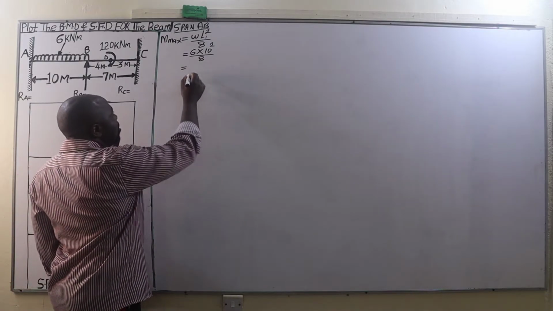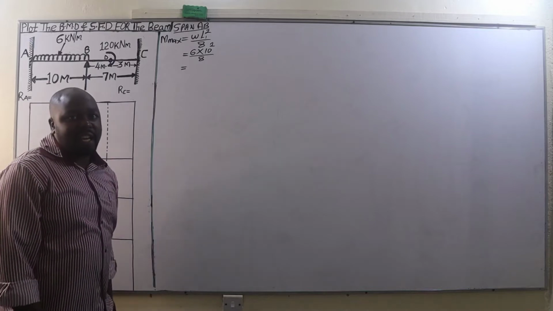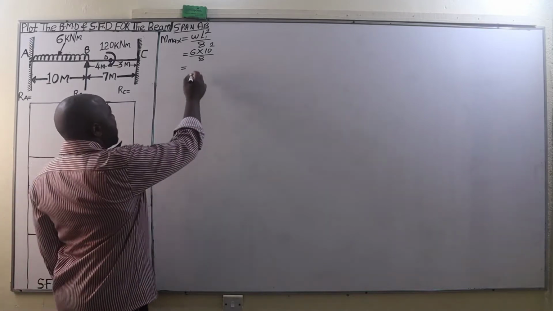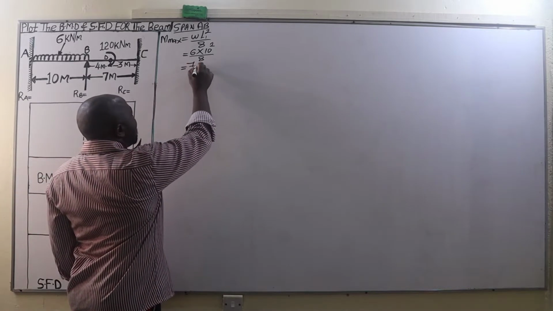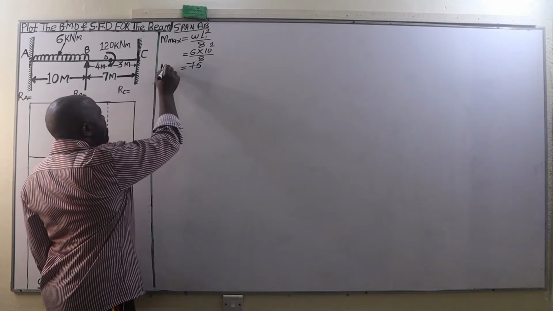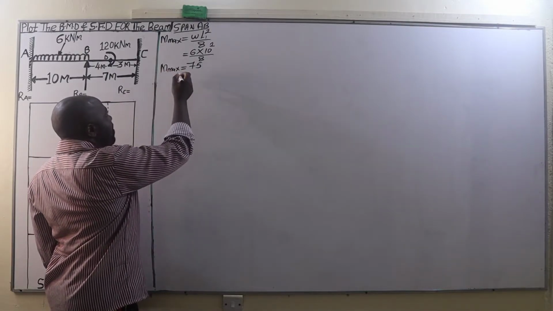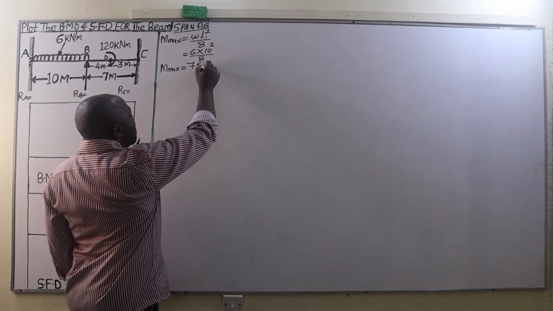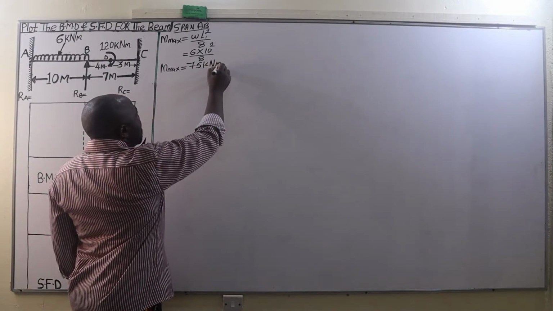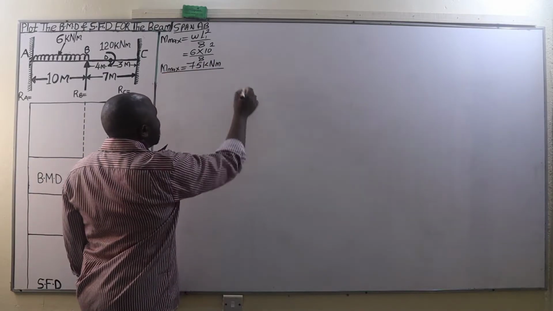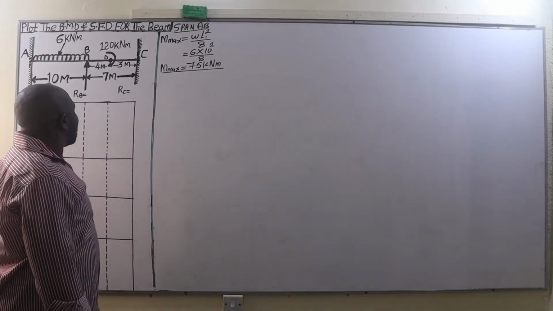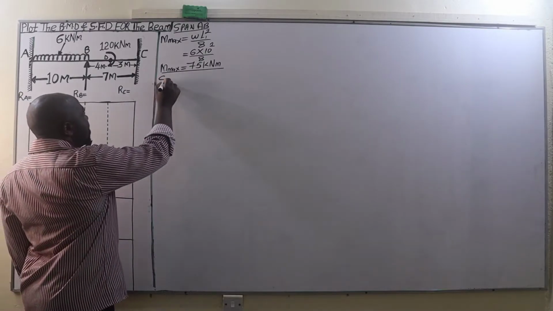When we do so, we get 75 kilonewton meter. So that is the maximum bending moment between the span A and B, 75 kilonewton meter.